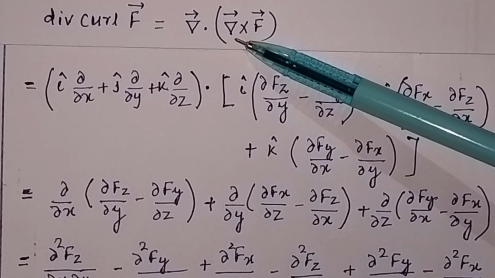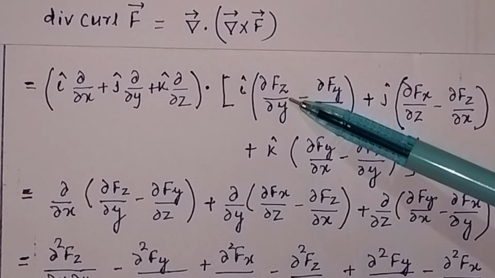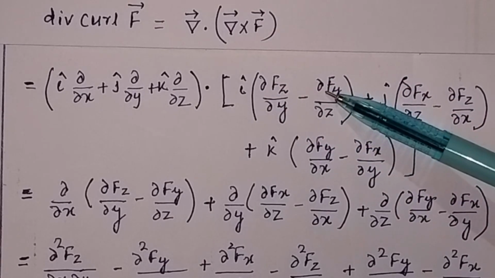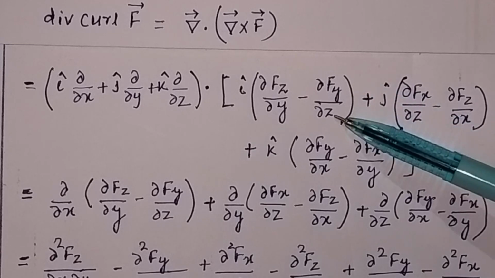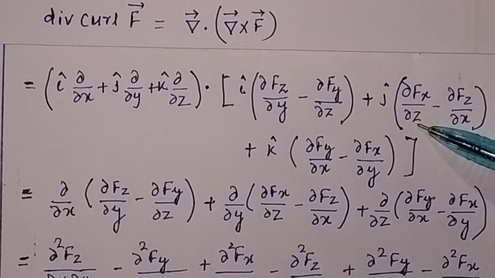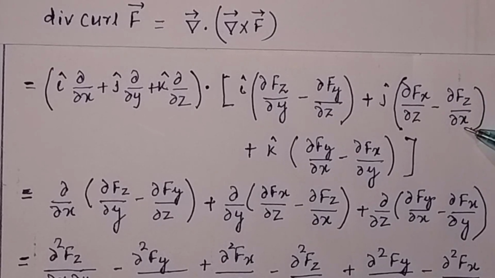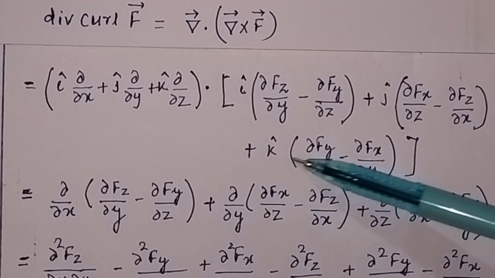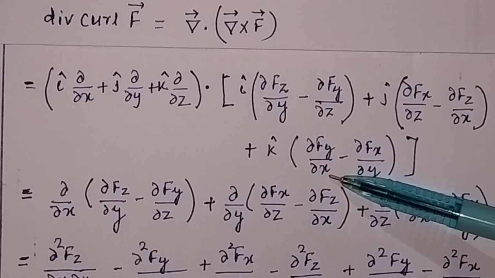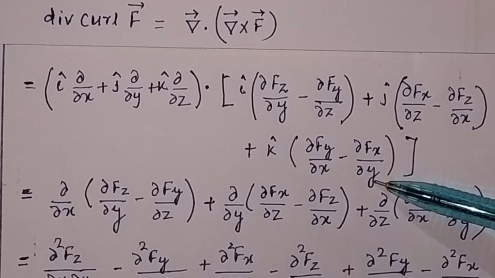And we have found out that del cross f is equal to i cap partial derivative of fz with respect to y minus partial derivative of fy with respect to z plus j cap partial derivative of fx with respect to z minus partial derivative of fz with respect to x plus k cap partial derivative of fy with respect to x minus partial derivative of fx with respect to y.